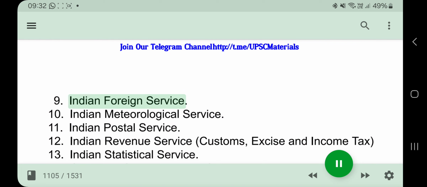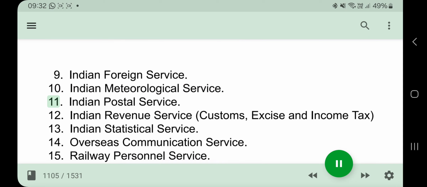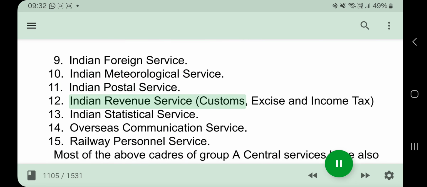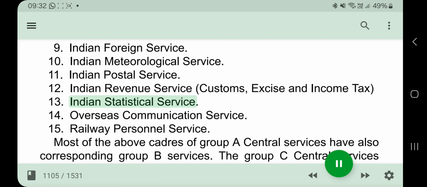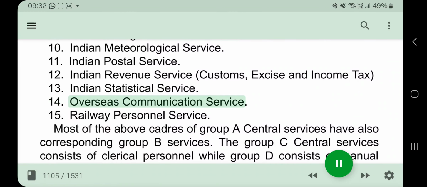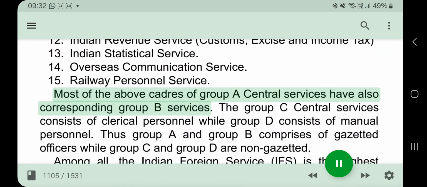Indian Foreign Service, 10. Indian Meteorological Service, 11. Indian Postal Service, 12. Indian Revenue Service, Customs, Excise and Income Tax, 13. Indian Statistical Service, 14. Overseas Communication Service, 15. Railway Personnel Service.